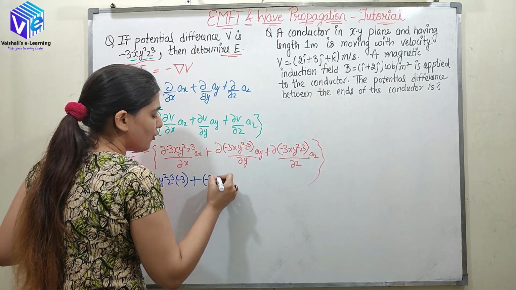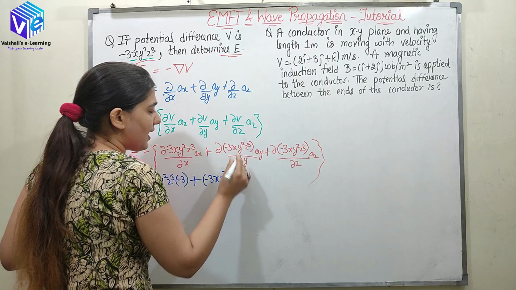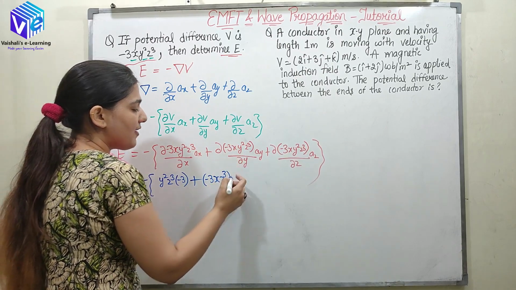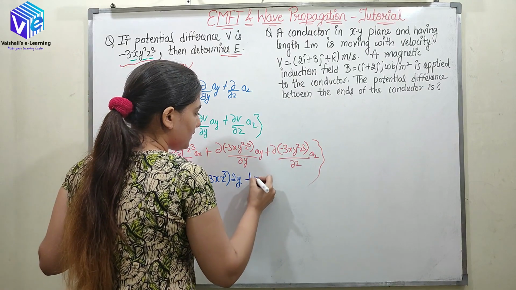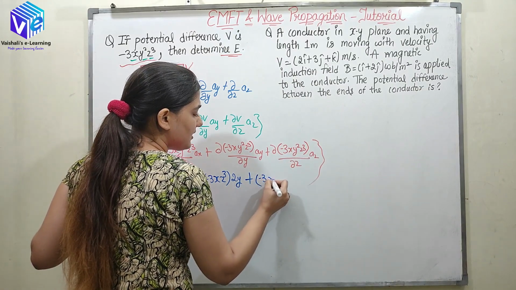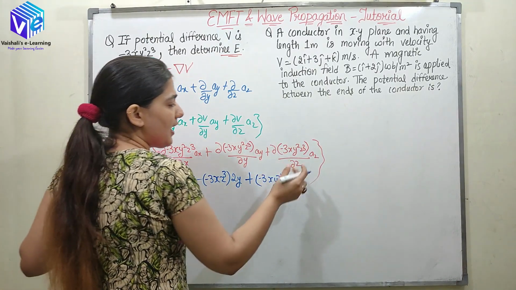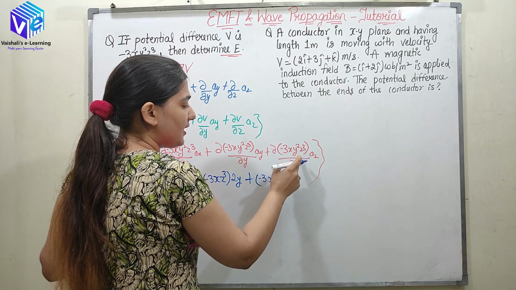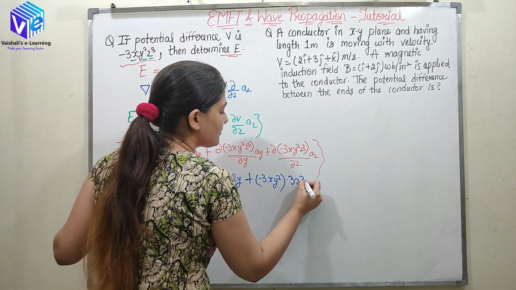So here we have constants minus 3x and z cube, and what is del upon del y of y square? It is 2y. Now we'll have the constant minus 3xy square, and we have to take the partial derivative of z cube, which is 3z square.